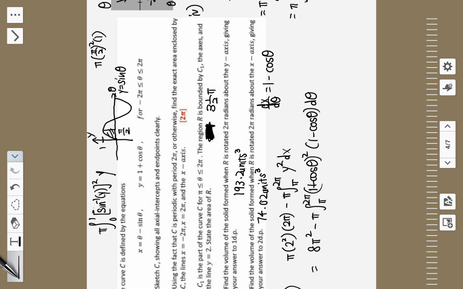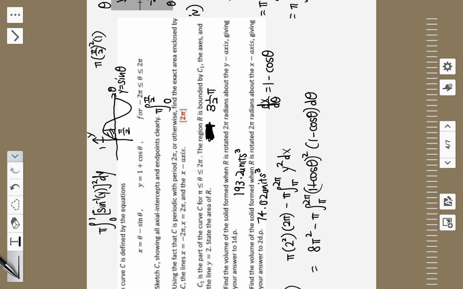What if we change to integrate with respect to d theta? If we change to integrate with respect to d theta, then we'll have, can we? Okay, try. So pi, when y is 0, theta is 0, when y is 1, theta is pi over 2.